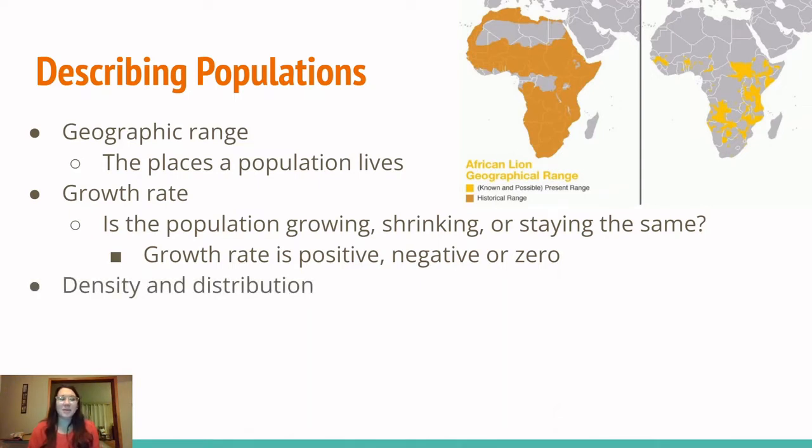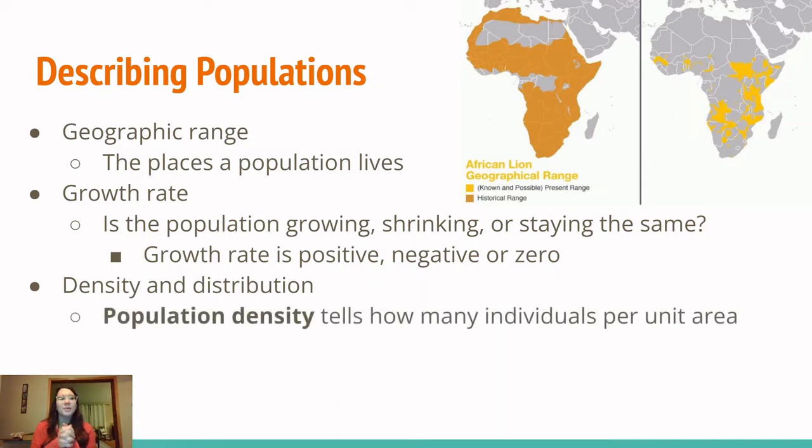Okay, then we're going to talk about density and distribution. Density, if you think back to last year when we talked about density, was how many particles you had in a certain area. If a small piece is really heavy, it's really dense, they're really packed tightly together. It's going to be the same thing here. So population density just tells me how many individuals I have in a certain area.